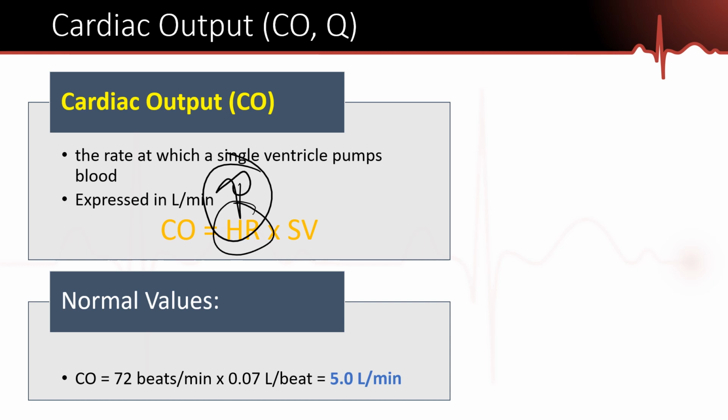And if the left ventricle generates more force, it's going to pump more blood out with each beat. So stroke volume is going to increase as well. The sympathetic nervous system doesn't just cause heart rate to increase, it also causes stroke volume to increase by making the ventricular contractile fibers generate more force with each contraction.